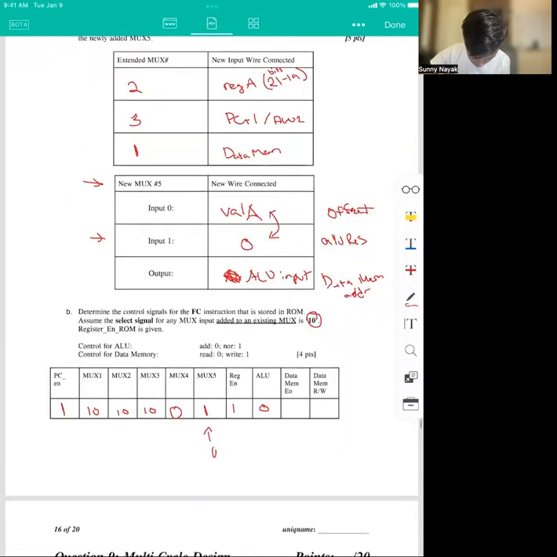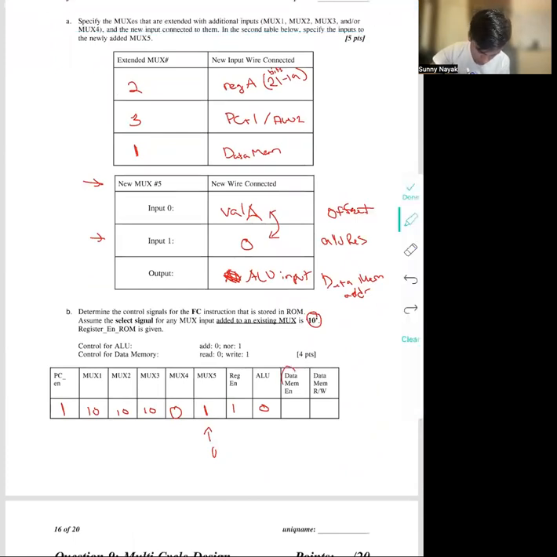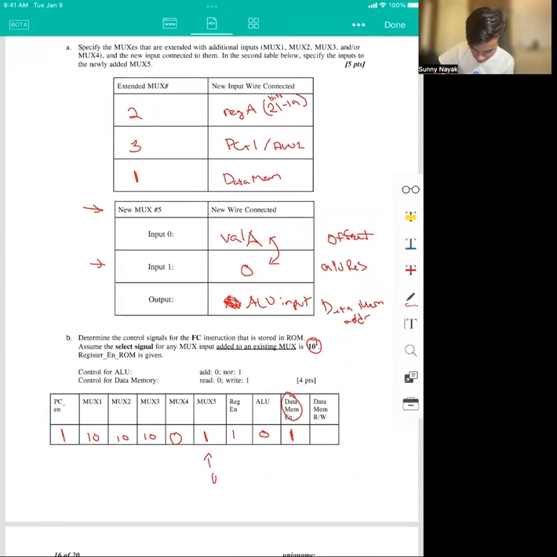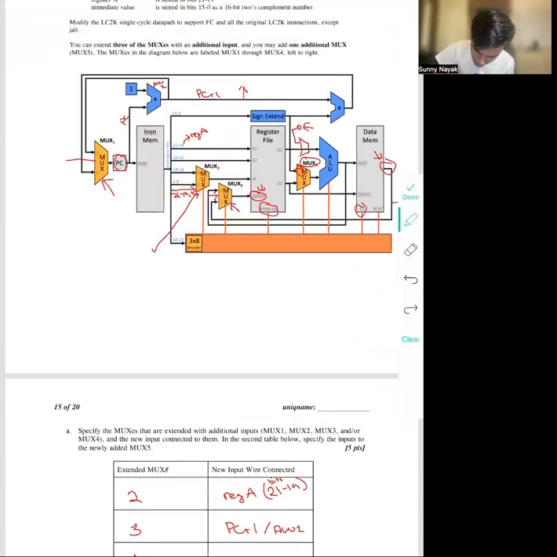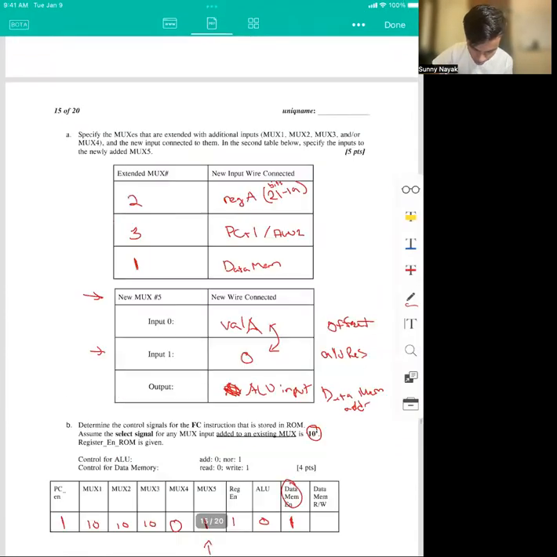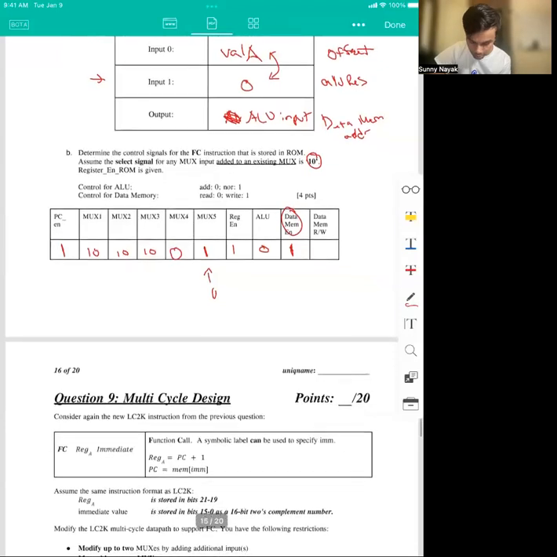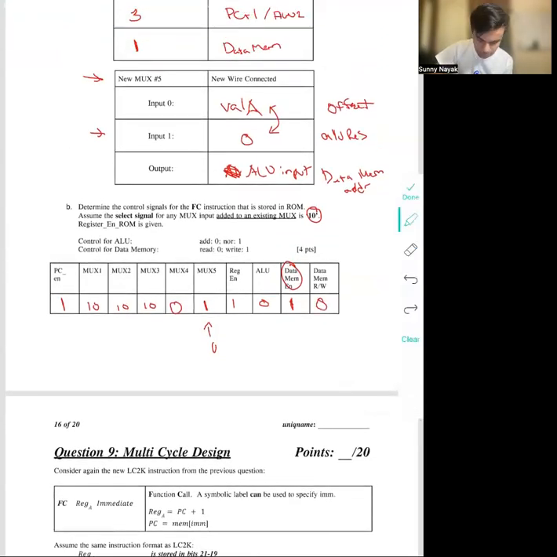And so the last two values: do we need to enable memory? Well, because we need to perform a memory read in this instruction, this should be enabled. And then the last bit is going to tell us whether we need to perform a read or a write. And because we want to perform a read, this is going to be set to 0.